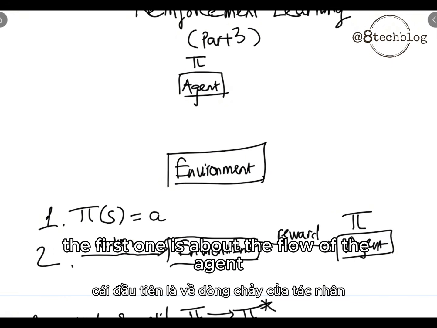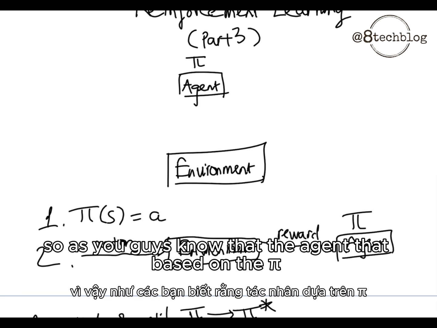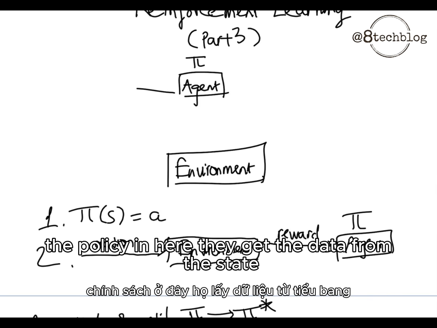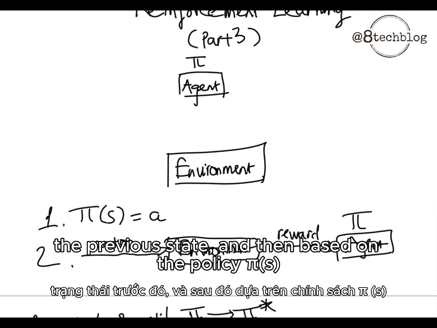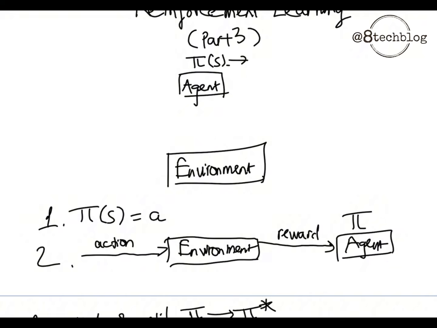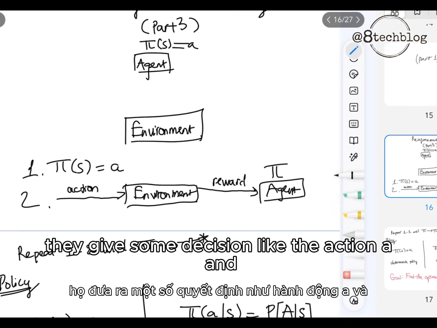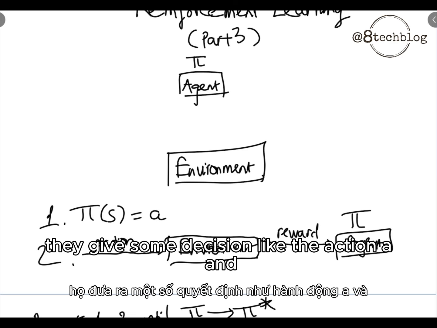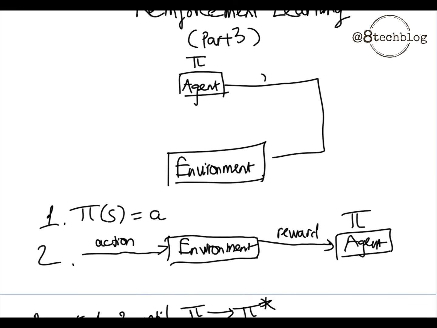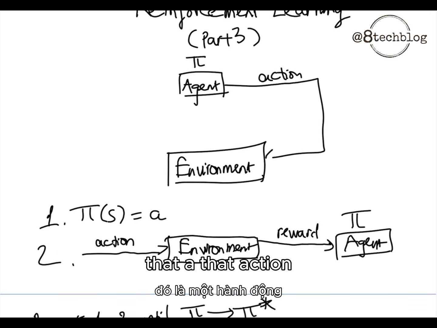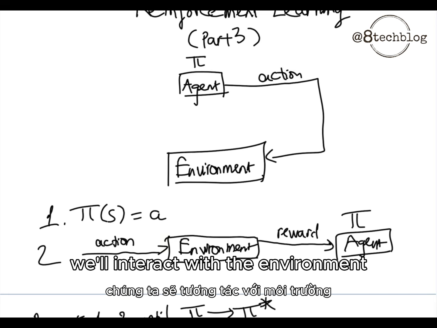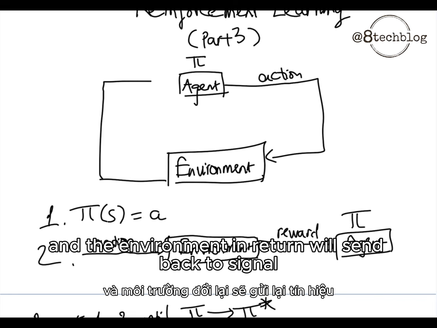The first one is about the flow of the agent. As you know, the agent, based on the policy, gets the data from the state, the previous state, and then based on the policy, P of S, it gives some decision, like the action A. That action will interact with the environment, and the environment in return will send back two signals.